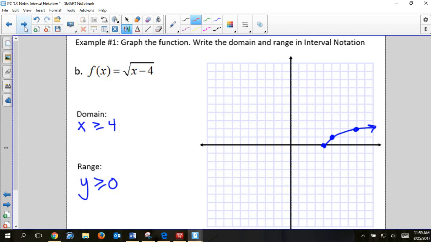And for this one, the domain is x is greater than or equal to 4. So when we think left to right, we think interval notation. It starts at 4. It goes all the way to positive infinity, but it can't equal positive infinity. And then the range, the lowest number is 0, so it does include 0. We do a bracket. It goes all the way up to positive infinity.